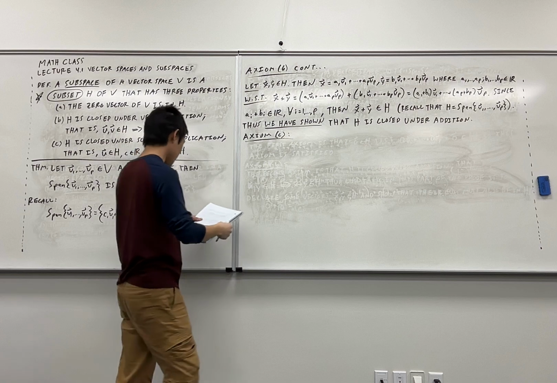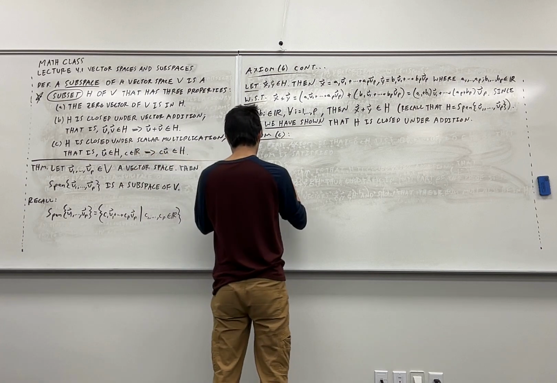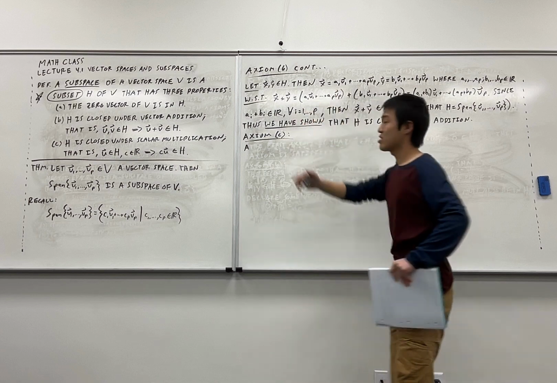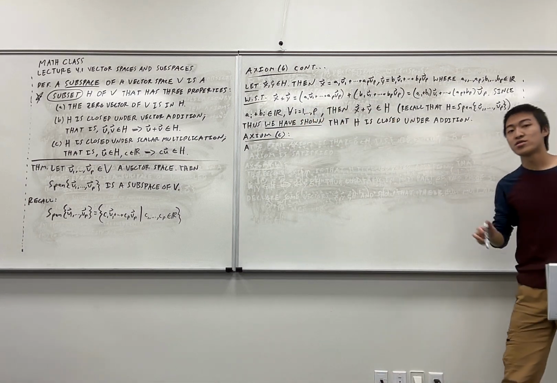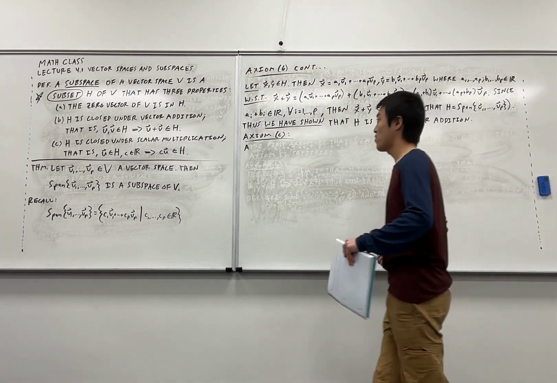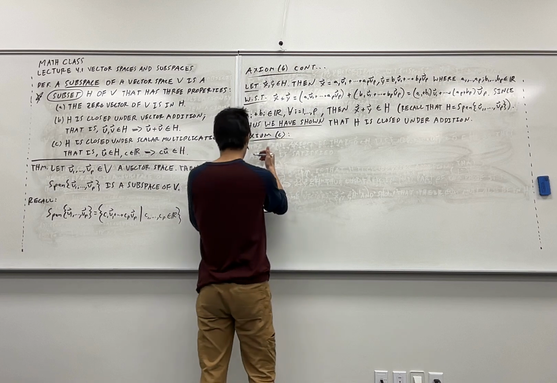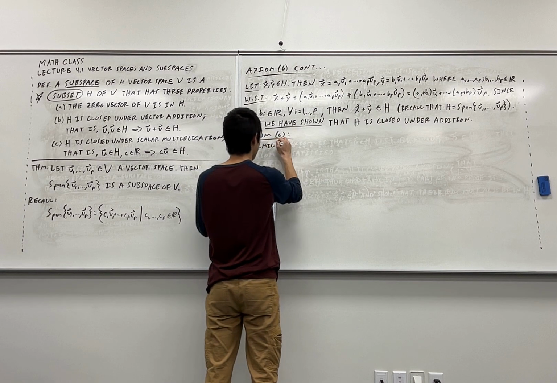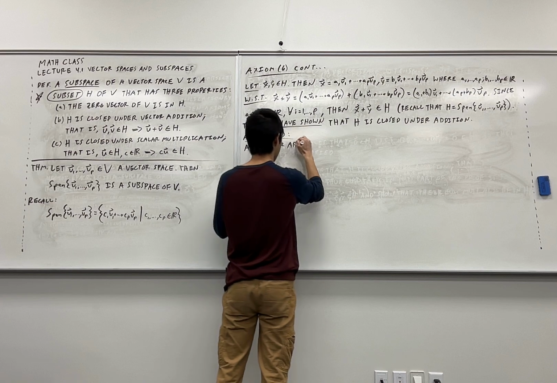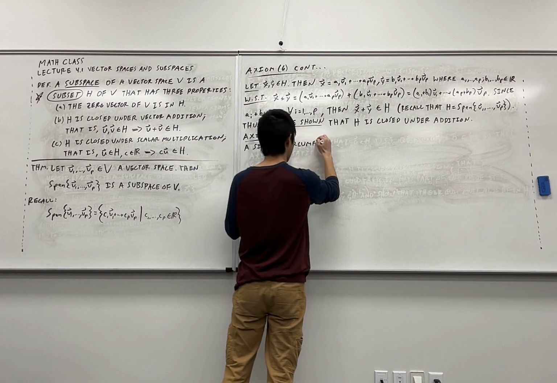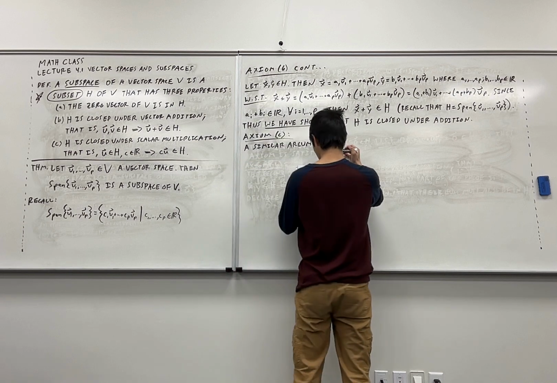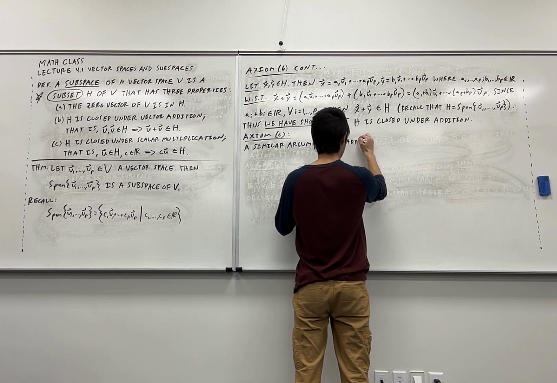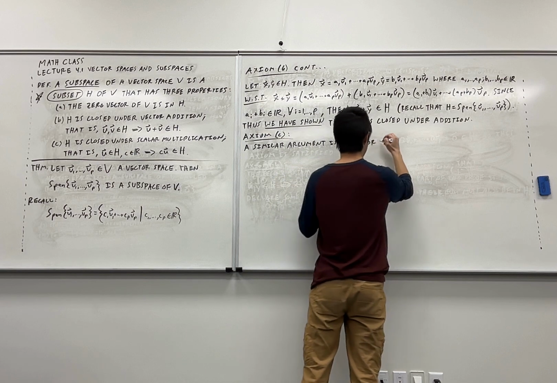Okay, so basically a similar argument is made for the third axiom. I spent a lot of time explaining the first closure proof to really have a feel for what's going on. So now that you have a feel for what's going on, I can say this.